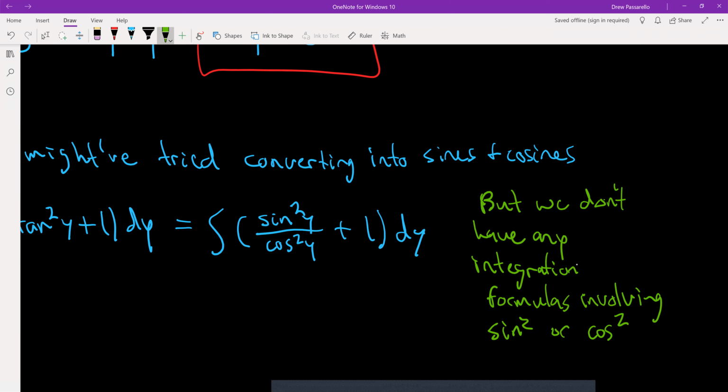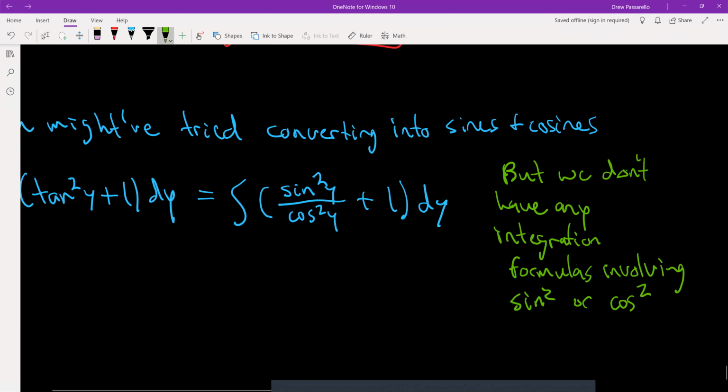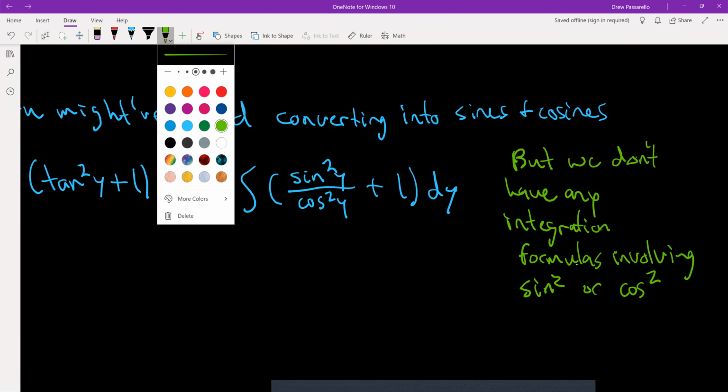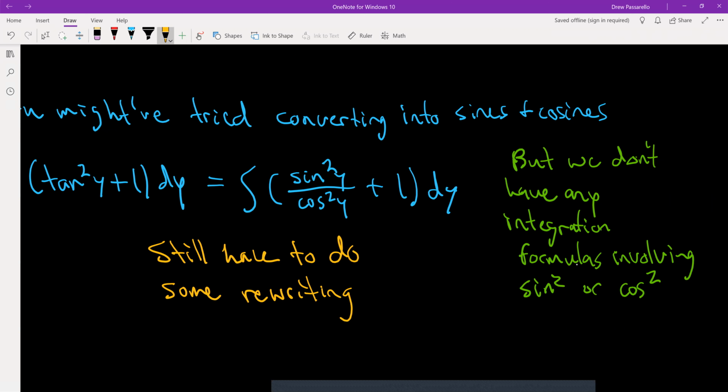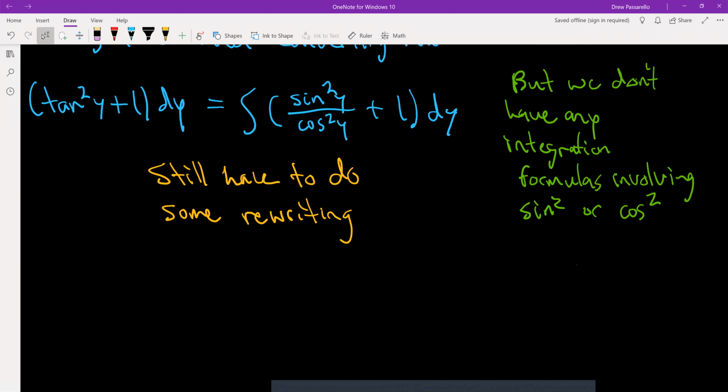So you're going to have to do some rewriting, and it's going to make things more messy. There are more steps, and it might not even work out that way. This is just way messier than doing it the way I did it.